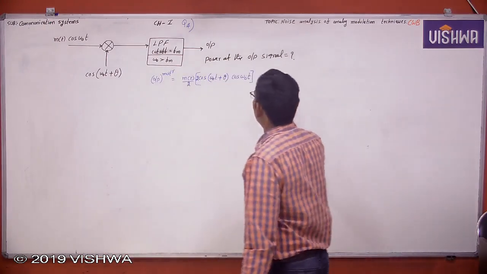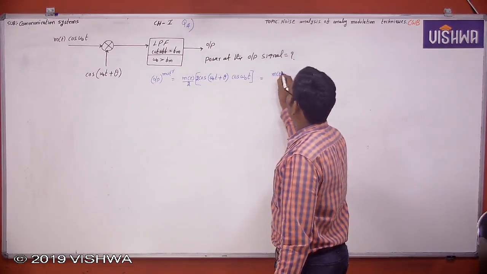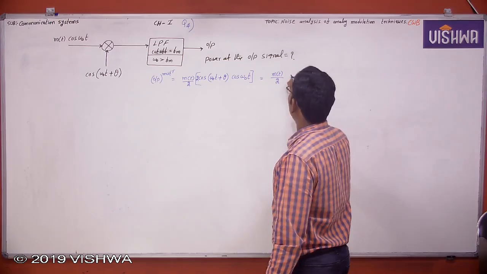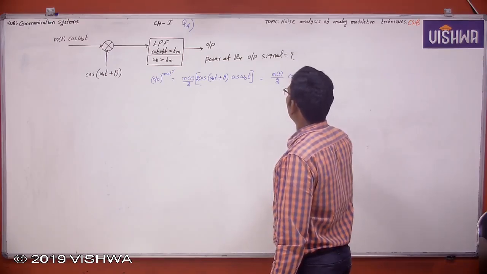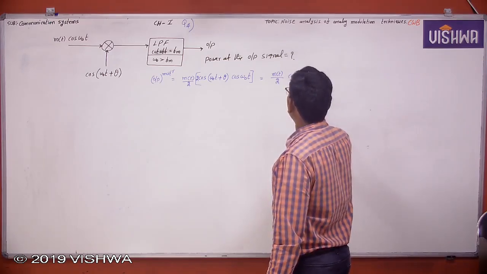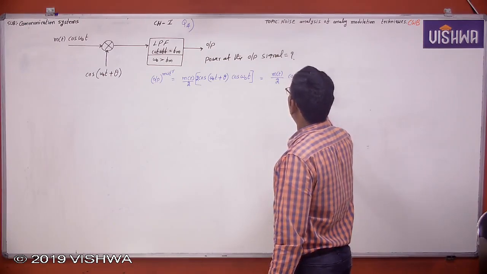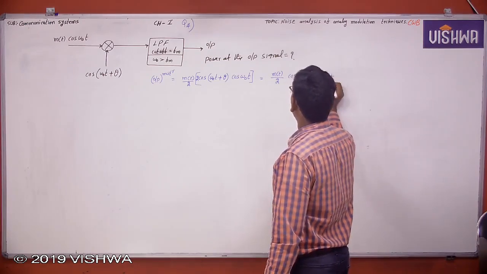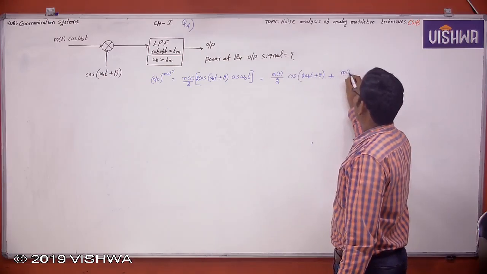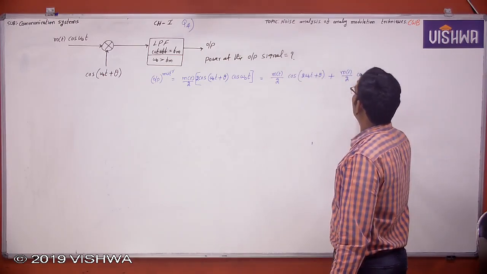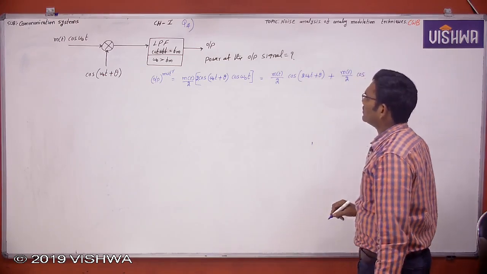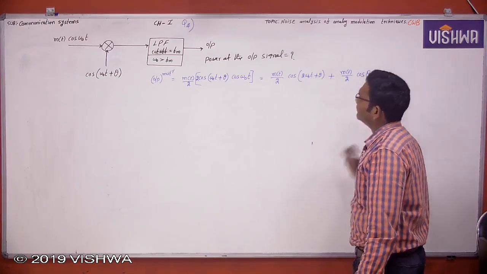Which is m of t by 2, and cos a cos b is cos of a plus b, which means 2 omega naught t plus theta, plus cos of a minus b, so m of t by 2 into cos of a plus b plus cos of a minus b, which gives cos theta.